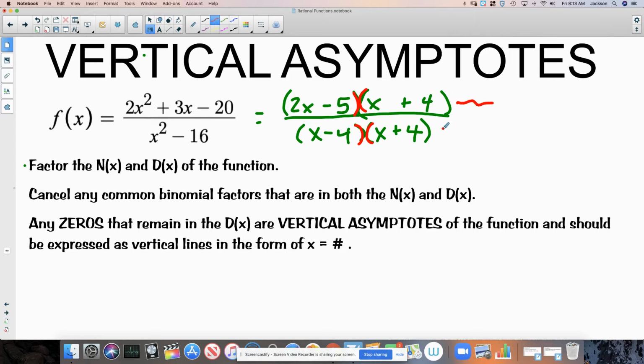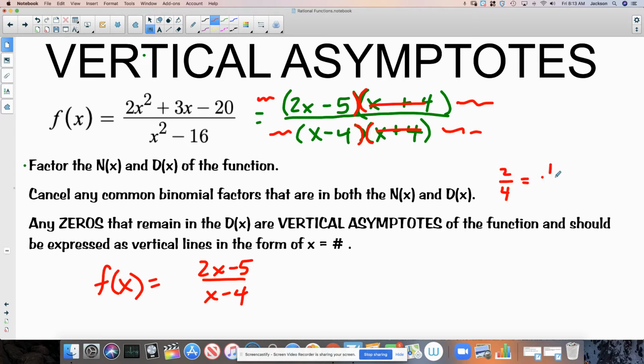There are no floating constants anywhere else in this numerator or denominator, so we know that these two factors can be canceled, right? And if we cancel these, we're left with this simplified function. It's just like simplifying a fraction. Simplifying functions is pretty much the exact same thing as simplifying fractions. Like 2/4 is equal to 1/2, right? They look different, but they represent the same values, okay?